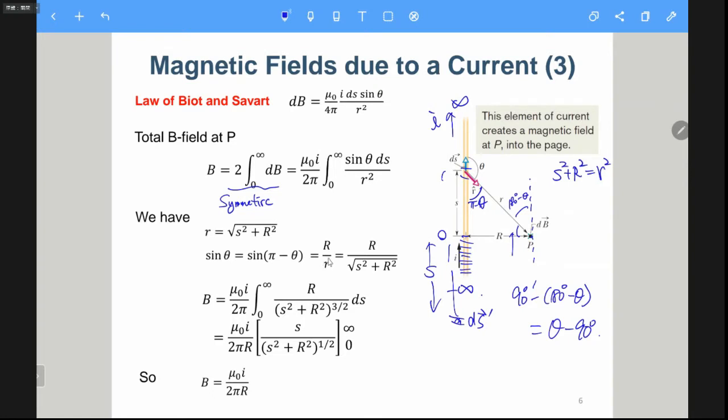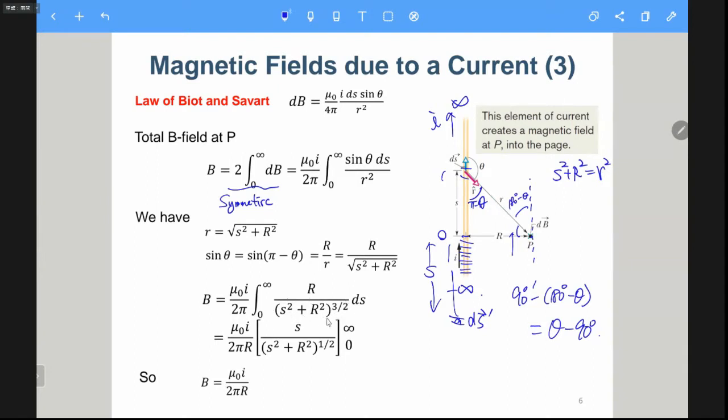R is a variable, so we need to change it to s and keep the other terms constant for the integration. So sine of theta will be this term. Also, r squared will be this term. So altogether we have s squared plus capital R squared, the whole term to the 3/2 power, like this.